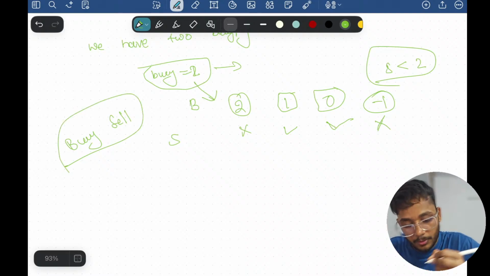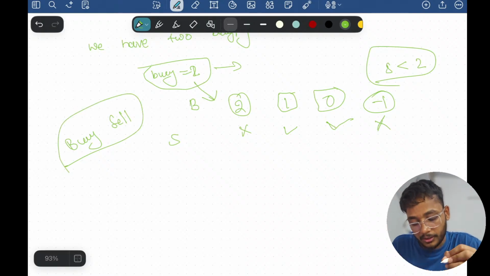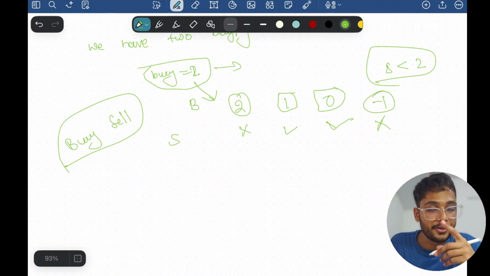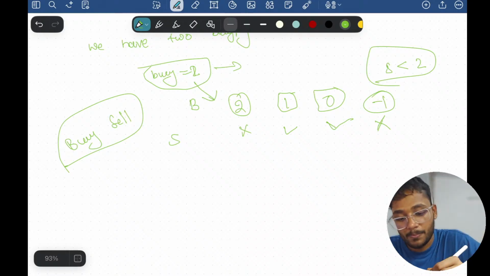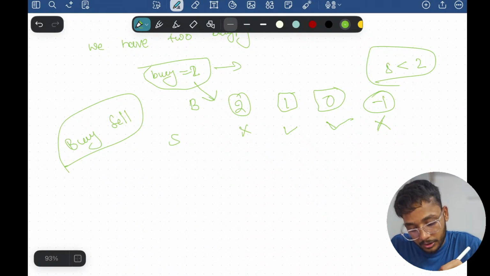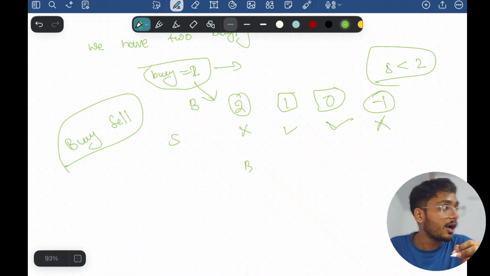If we keep buy only and it is 2, that means no one bought yet, there is no reduction in the number of options, you still have 2. So definitely you will choose buy. But what if it is 1? Now you have to decide whether it's buy or sell.